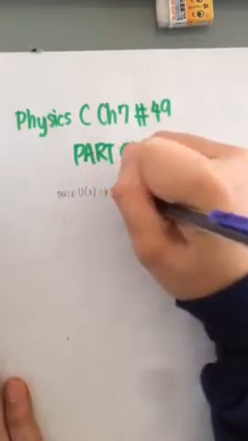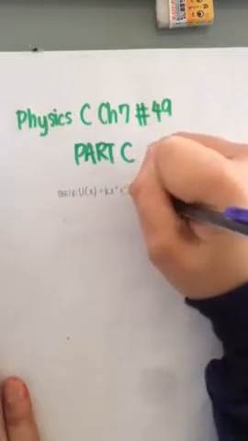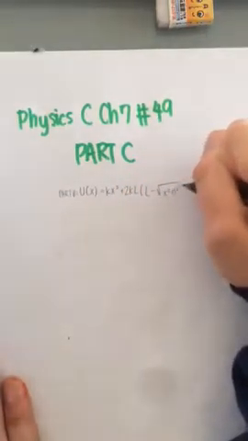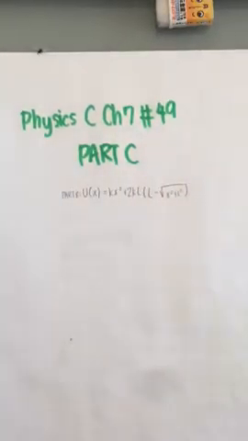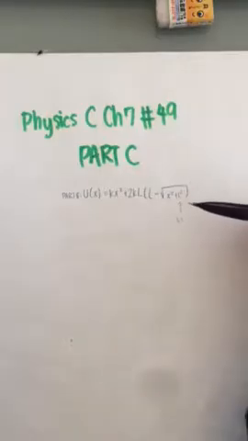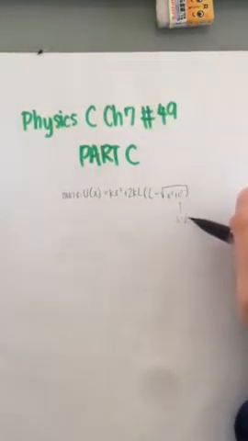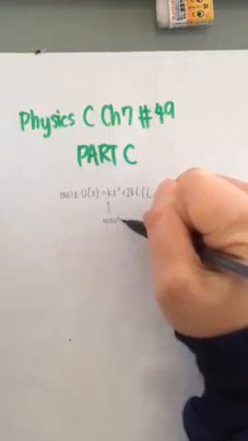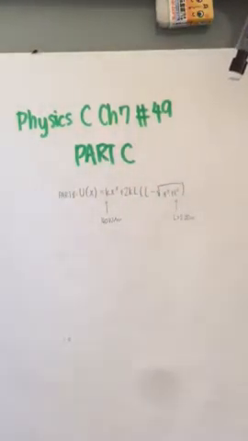So we know from part B that u of x equals kx squared plus 2kL times L minus x squared plus L squared. And guess what? We know what L is. L equals 1.20 meters and K equals 40 newtons per meter.